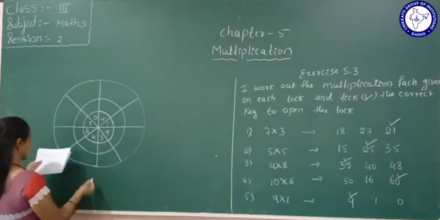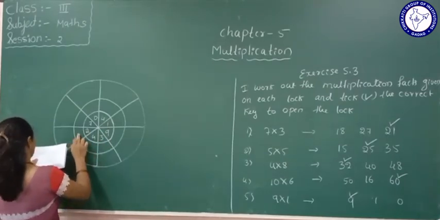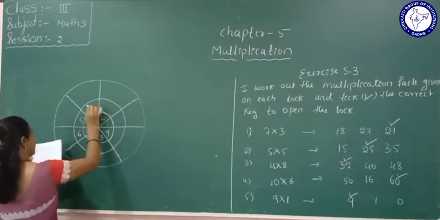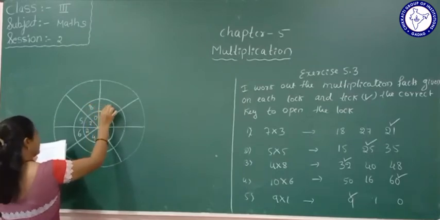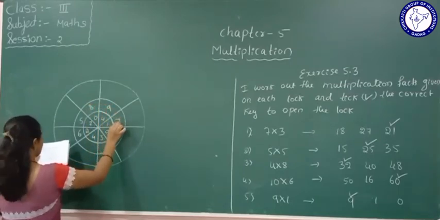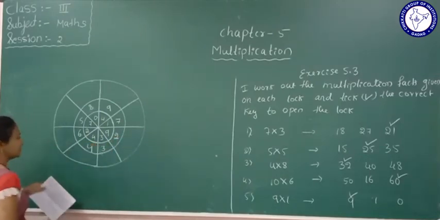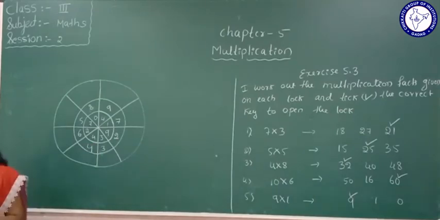In the second circle also they have given 6, 5, 8, 9, 7, 2, 3, 4. So what we'll do here, students, we write the product of these.